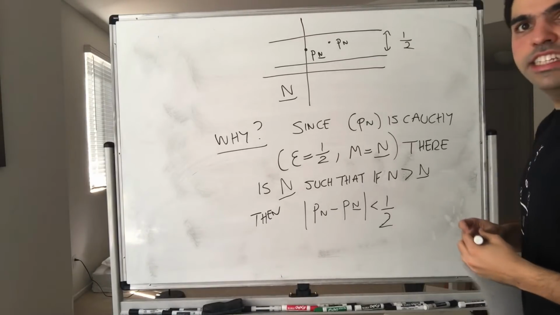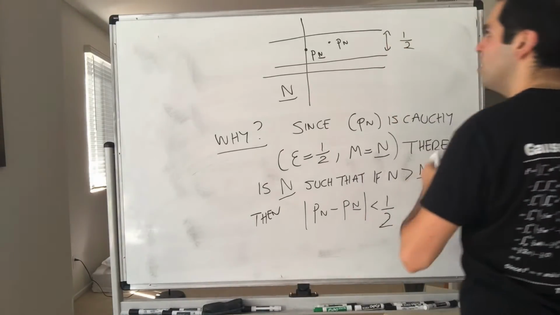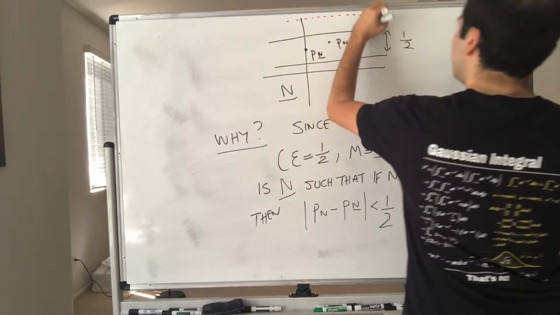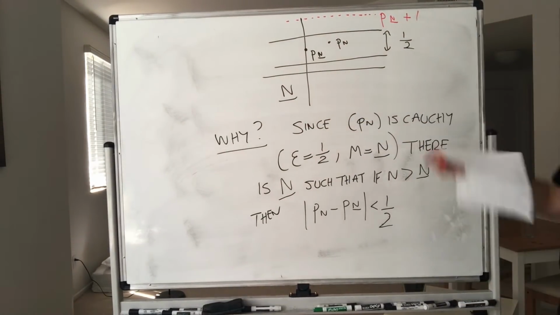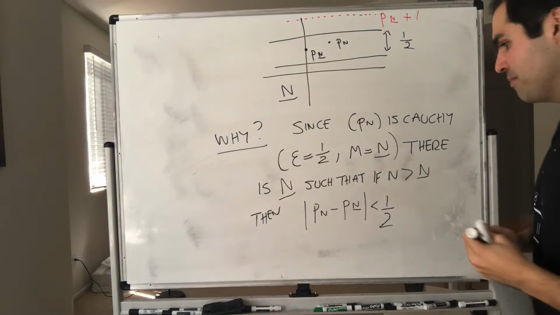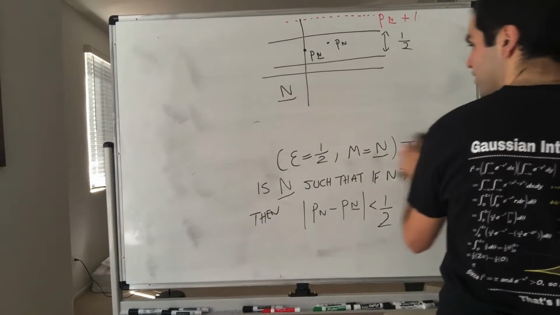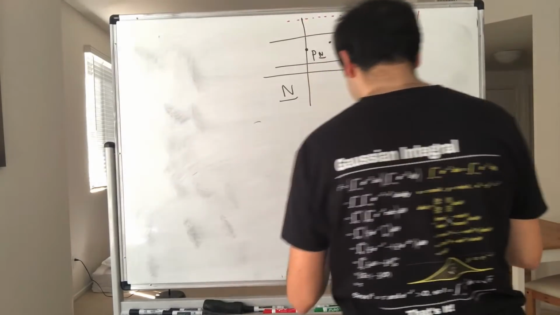And what's the idea? Well, then Pn is actually just bounded above by P capital N plus 1. This is not an integer, but then we'll be able to choose an integer that's bigger than it. And that would show that Q0 is not infinite.